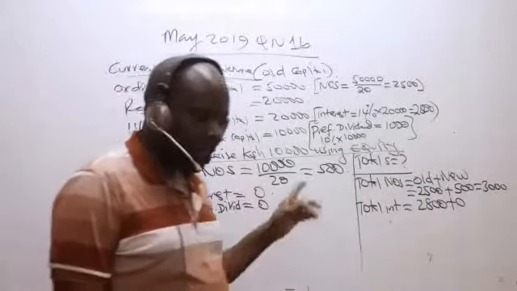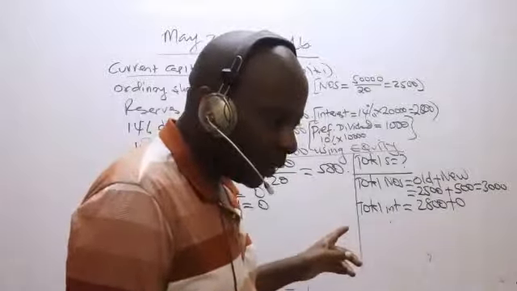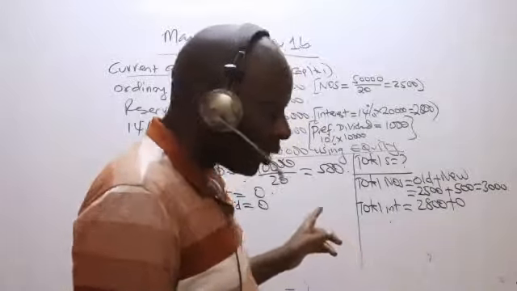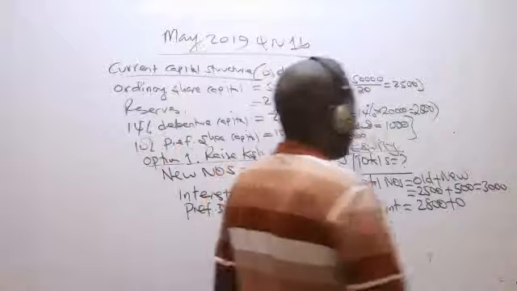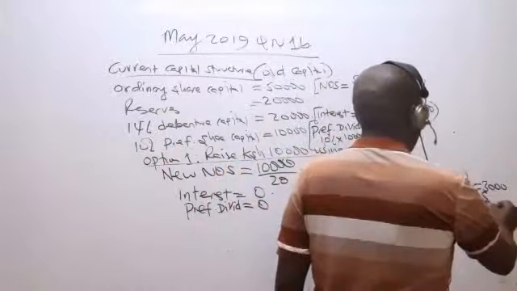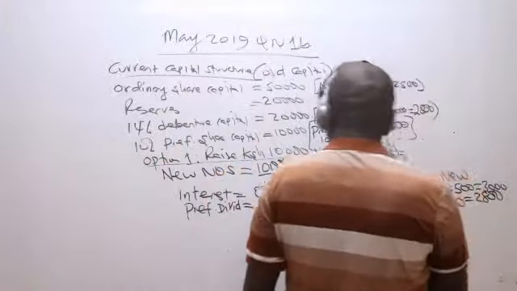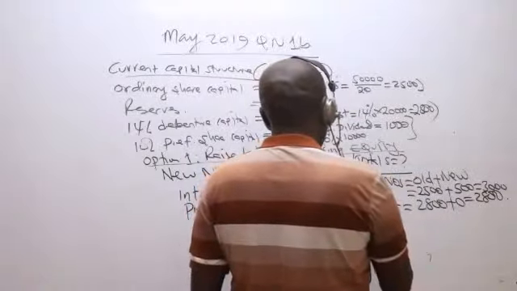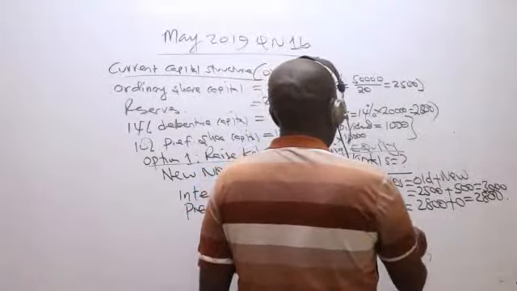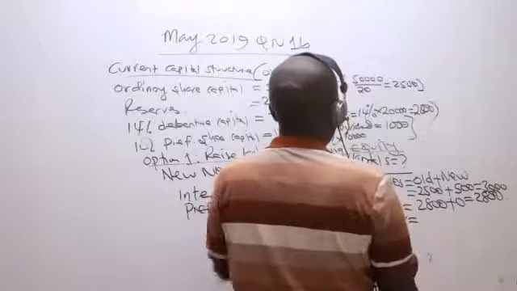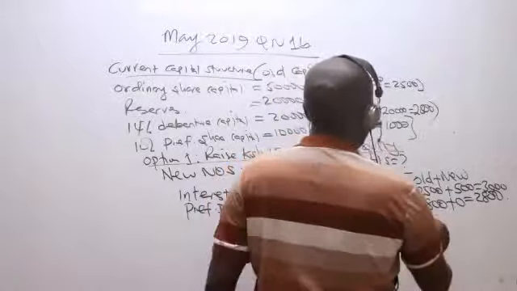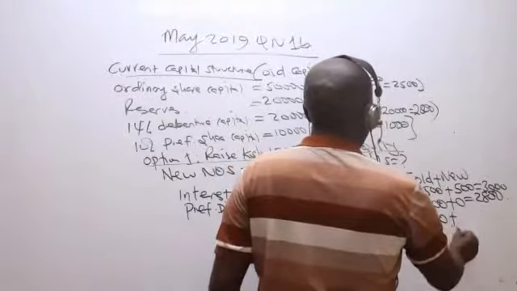So 2,800 plus 0 gives me 2,800. And then we have the last one, which is total dividends. We have here 1,000 plus 0 there.